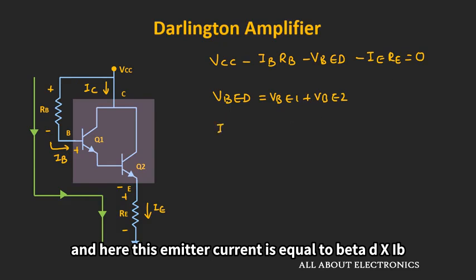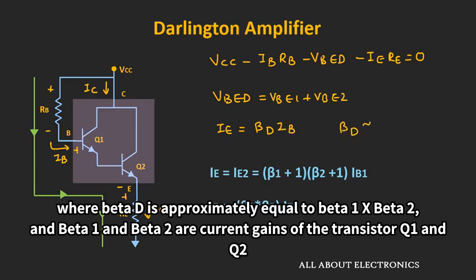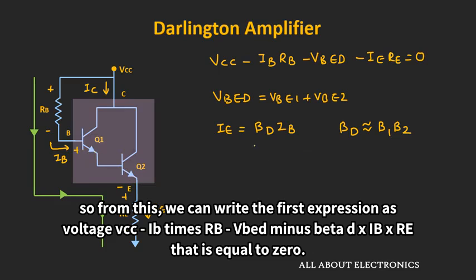Here the emitter current is equal to beta D times IB, where beta D is approximately equal to beta 1 times beta 2, where beta 1 and beta 2 are the current gains of the transistors Q1 and Q2. From this we can write the first expression as VCC minus IB times RB minus VBED minus beta D times IB times RE is equal to 0.